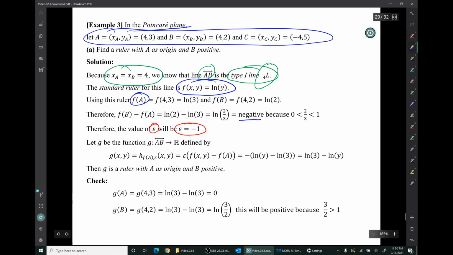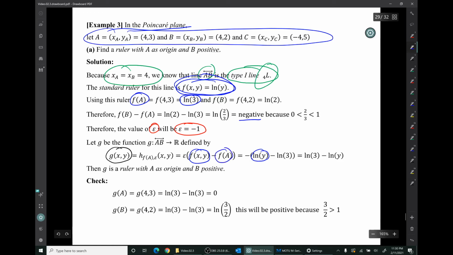So now we are going to use our value of f of a that we got. Remember that we found out that f of a was ln of 3, and we've figured out that epsilon is -1. So we're going to build a function, g of xy, and here's how we're going to do it. We're going to take f of xy. F of xy is ln of y. We're going to put it there. So there's my ln of y. And then we're going to subtract our f of a.